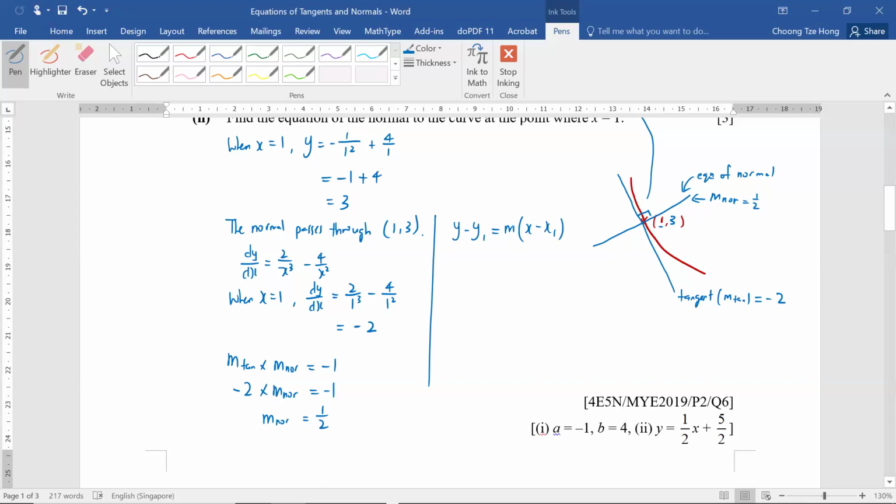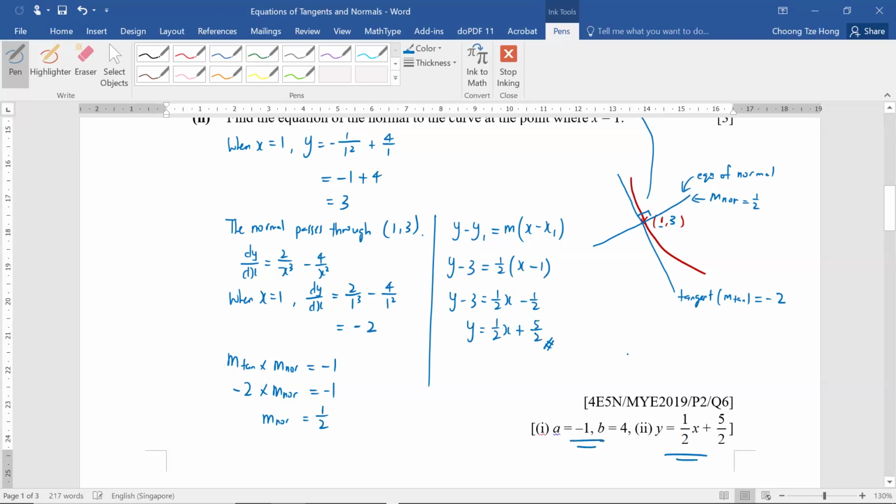And m is the gradient of the line that we want to find. In this case, it will be half. So y minus 3 equals half times x minus 1. Just simplify this and you'll be able to get the answer. So y will be half x, negative half plus 3 will get 2.5, so 5/2. So this is the answer over here.